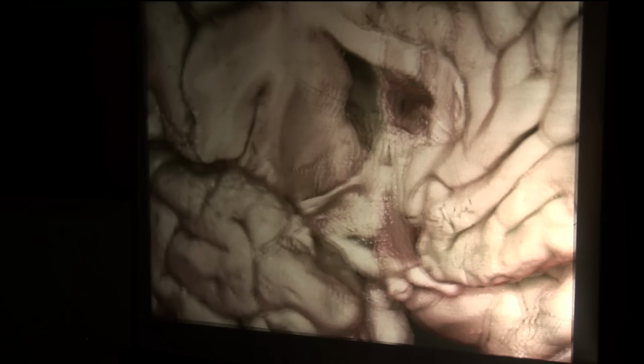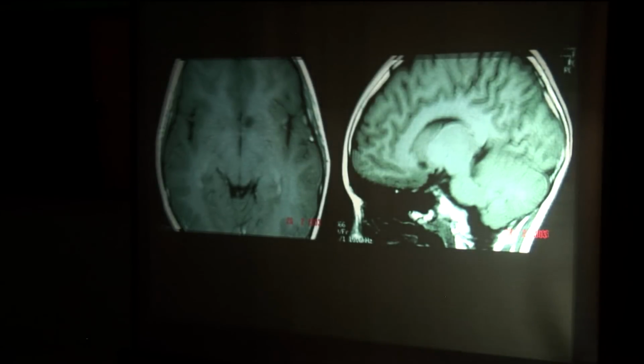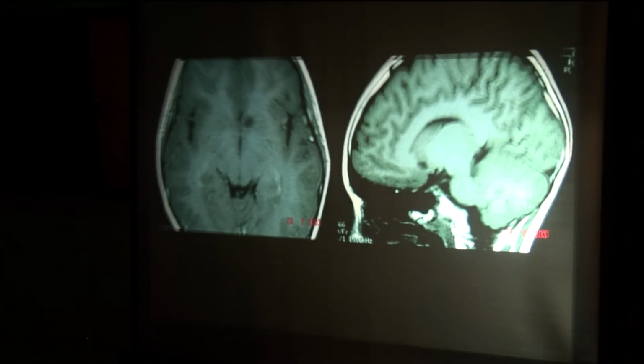So if you understood this, I want you to tell me where this MRI finding is. So let's think together. What is this here? Now let's start. Thalamus.